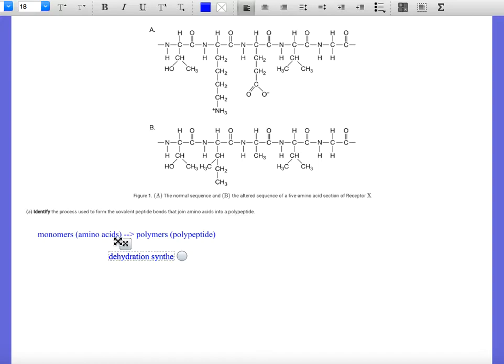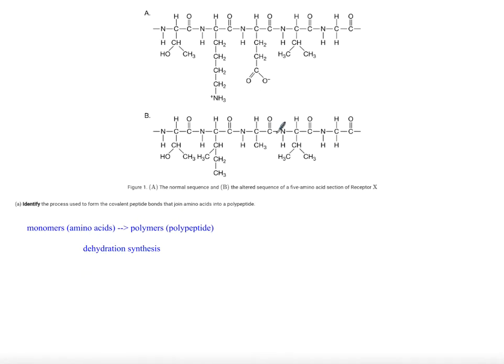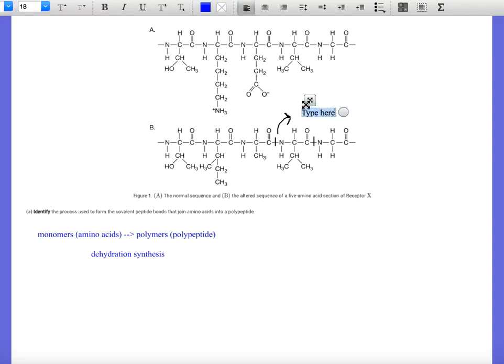What dehydration synthesis is, you basically take two monomers. So if this is an amino acid, and this is one end of the amino acid, what you do is you take an H from one and an OH from the other, and then an H2O is released every time one of those bonds is made.